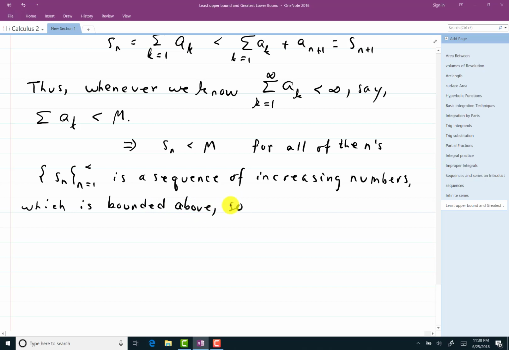So, the limit as n goes to infinity of S sub n exists. So some number is equal to that. Therefore, there I'll do the symbol again, therefore, the summation k equals 1 to infinity of a sub k exists, or is convergent. So this is the technical aspect of what we are going to do.